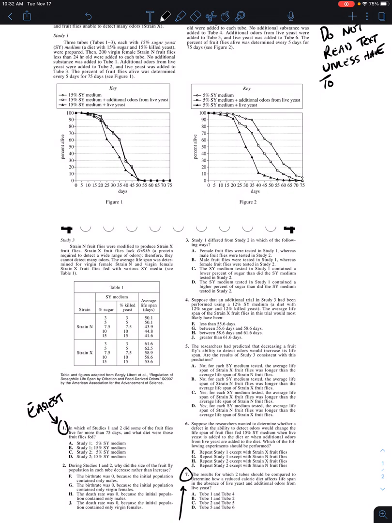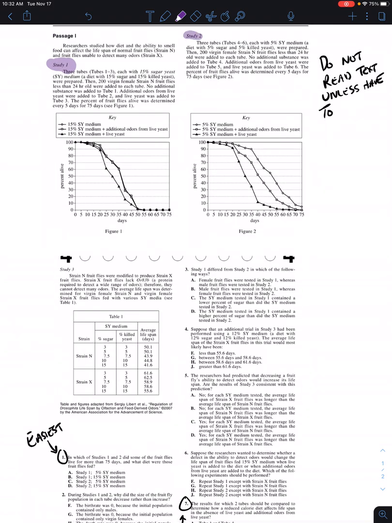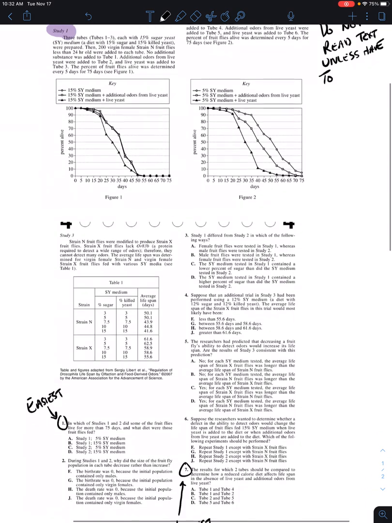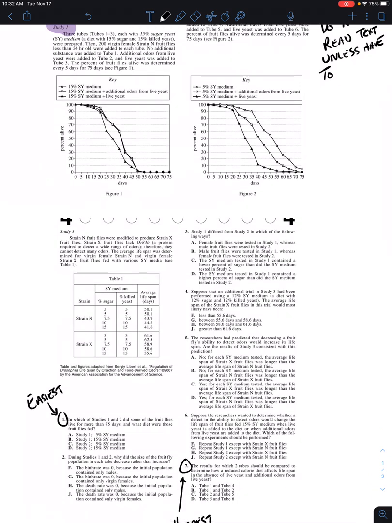It says, in which of studies 1 and 2 did some of the fruit flies live for more than 75 days, and what diet were those fruit flies fed? So we're talking about the fruit flies living in studies 1 and 2. Well, you can see study 1 is here, and you can see study 2 is here. In study 1, you can see the percent alive on the y-axis, and the number of days over here.